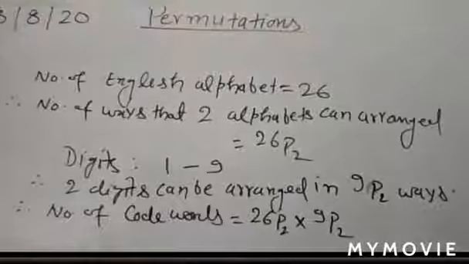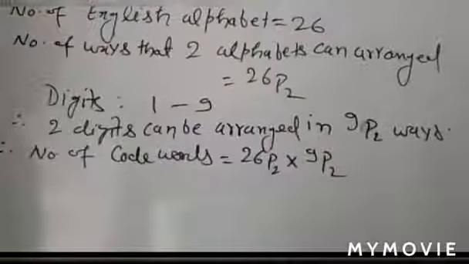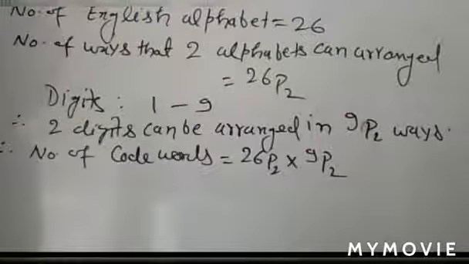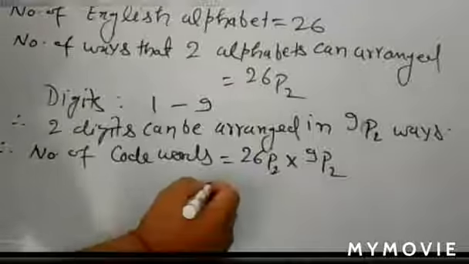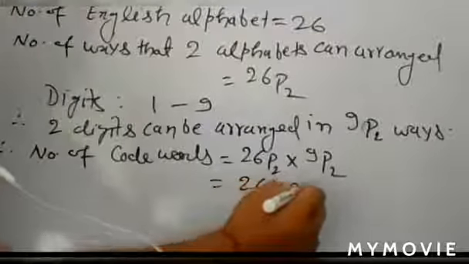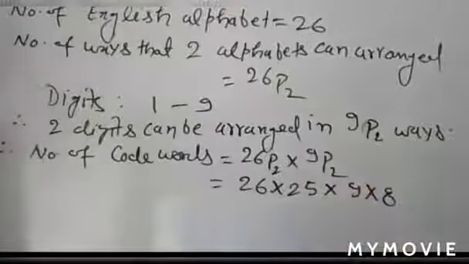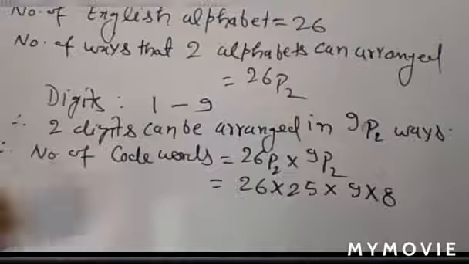Solve its value and that gives your answer. The value of 26P2 is 26 into 25, and here you have 9 into 8. Simplifying all that, you will have your answer.